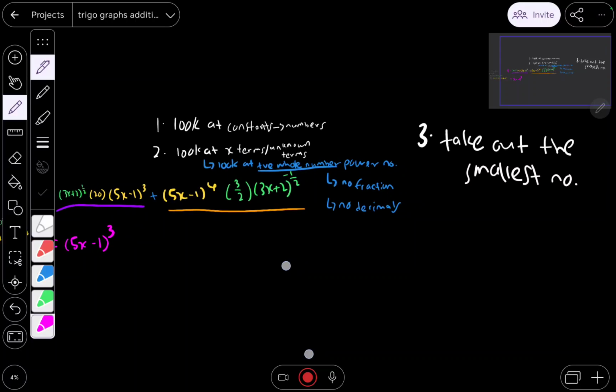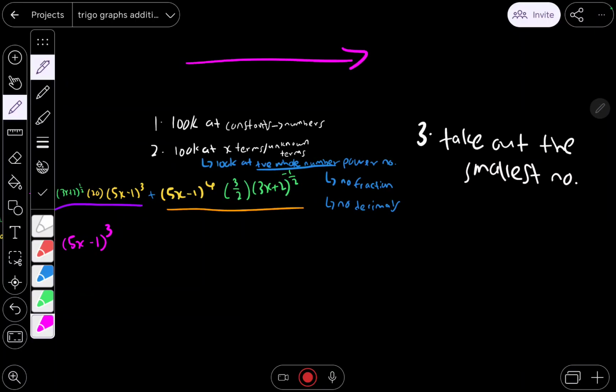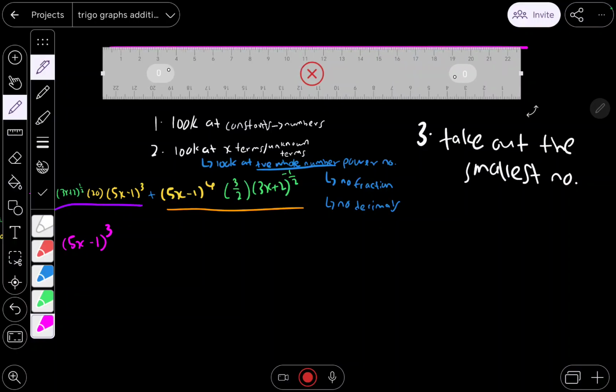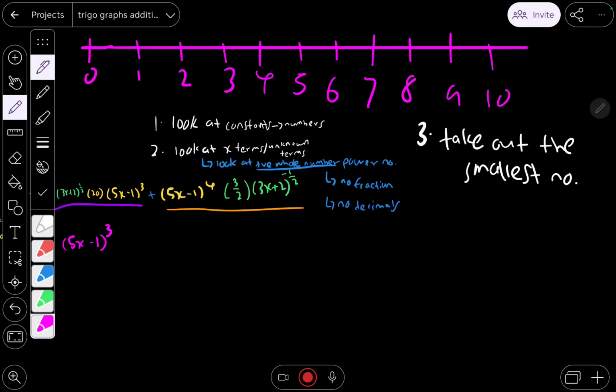Actually, I can tell you why 3, because we can draw a number line. Let's say this is from 1 to 10. Obviously, I'm not going to draw it fully, but sure. So 1, 2, 3, 4, 5, 6, 7, 8, 9, and 10, and let me also add a 0 behind. 3 is over here, 4 is over here.